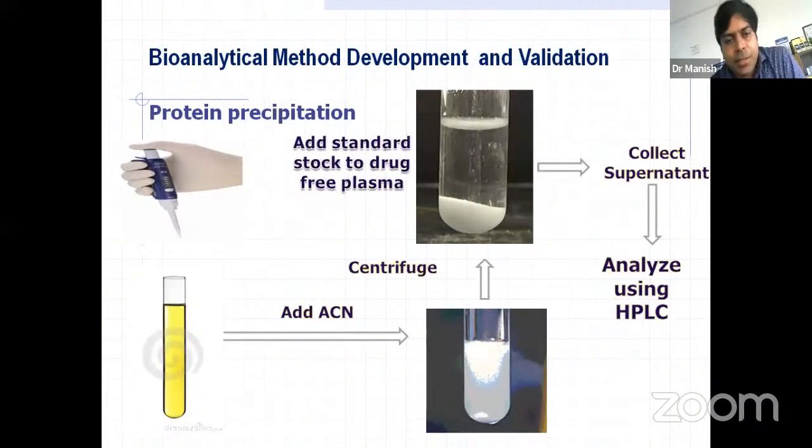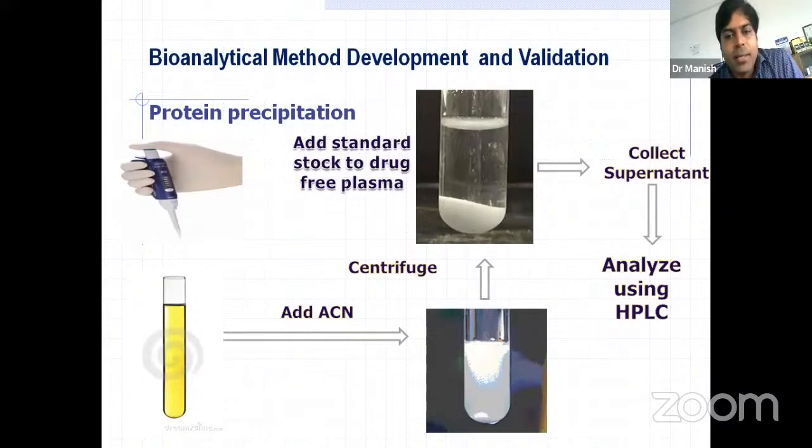And the last method is protein precipitation. Here we use protein precipitants like acetonitrile added to the plasma, and the proteins get precipitated. Immediately we need to centrifuge it. Generally we use a cooling centrifuge at -4 degrees centigrade at 2000 to 5000 RPM for 20 minutes.